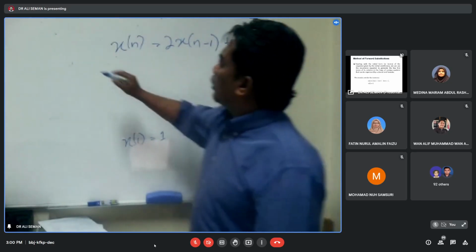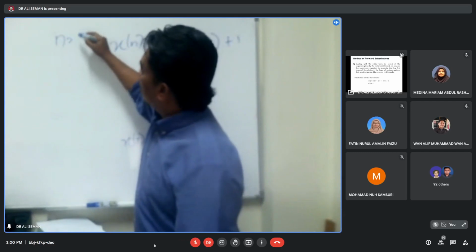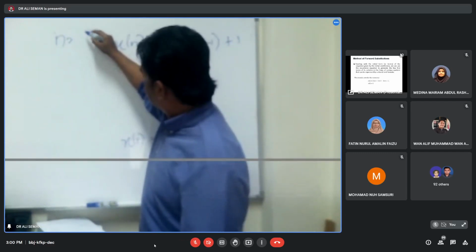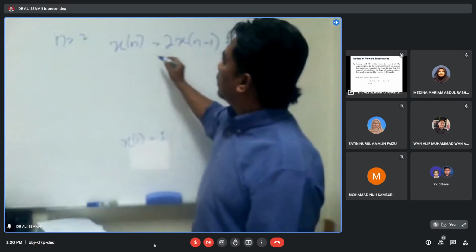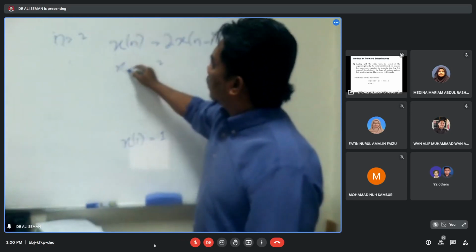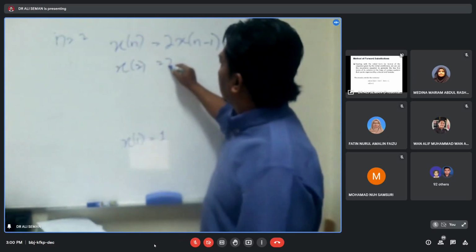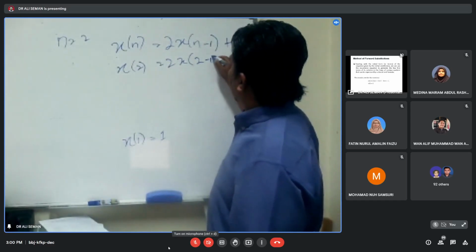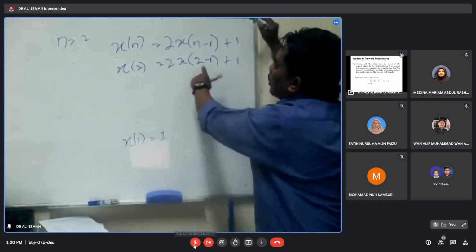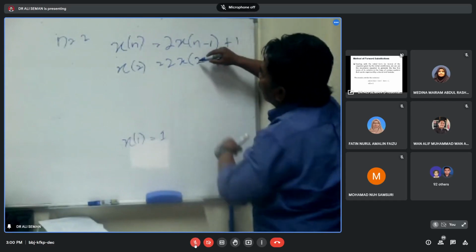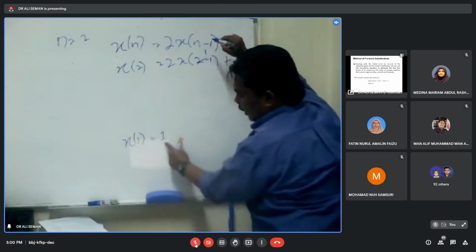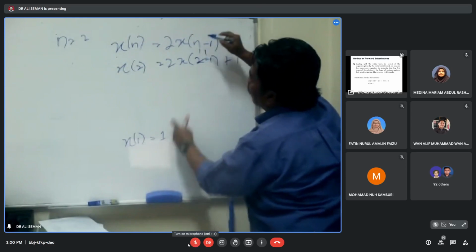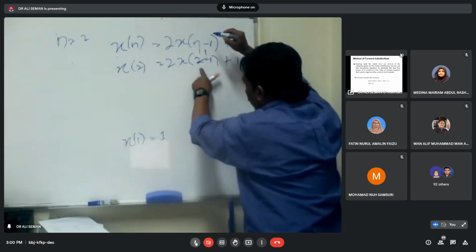Let's say n equals 2. So we have x of 2 here: 2 times x of 2 minus 1, plus 1. What is the answer? 2 minus 1 is 1. So x of 1 is given already, right? Return 1. 2 times 1 is 2, plus 1.